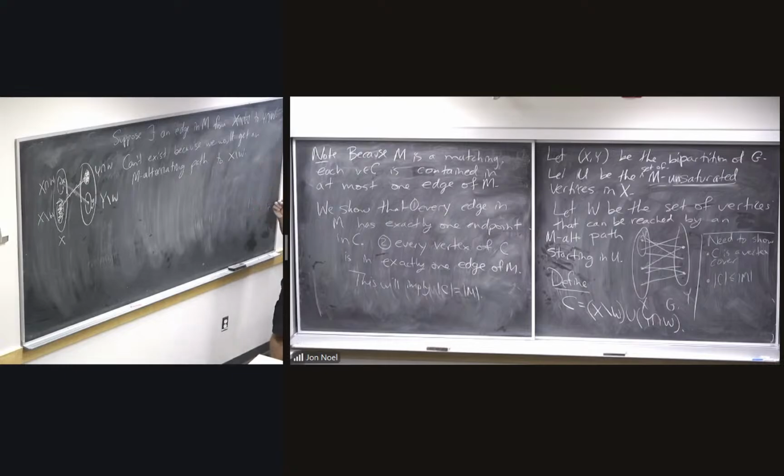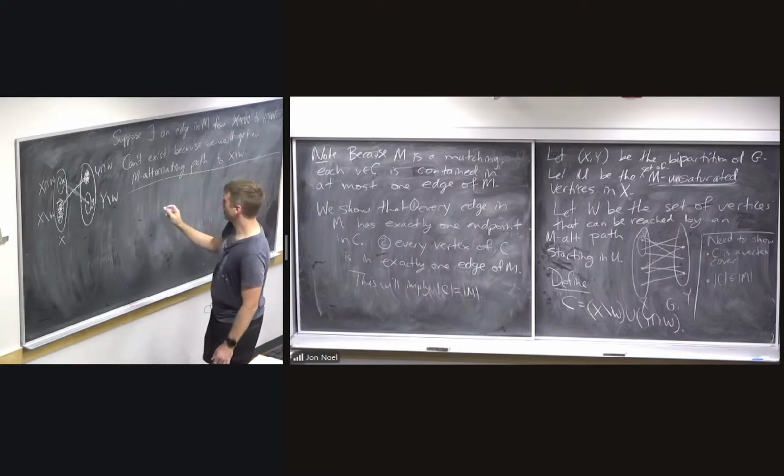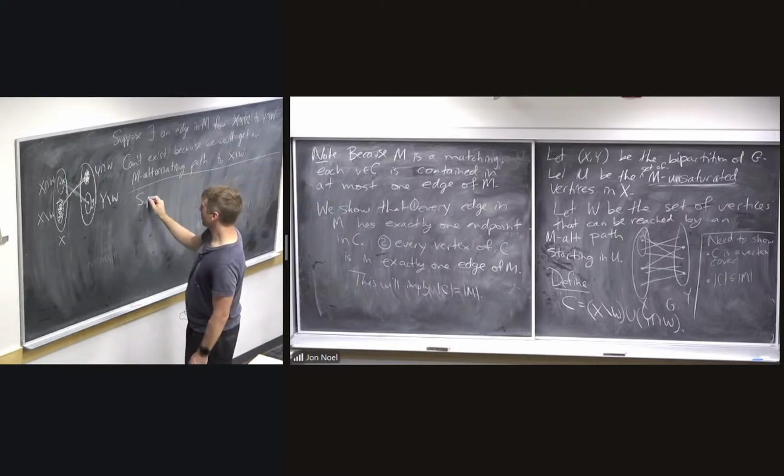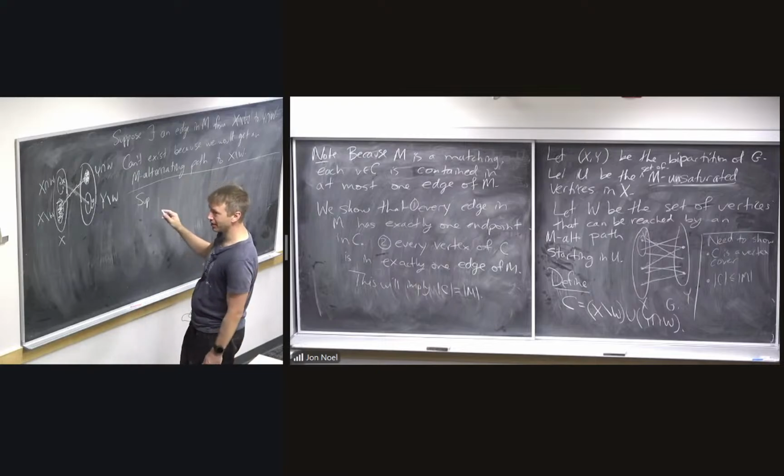Now I want to show that every vertex in C is in exactly one edge of M, so it's not in zero. Actually, up until this point, I haven't used that this is a maximum matching. So this is where it's going to come into play.